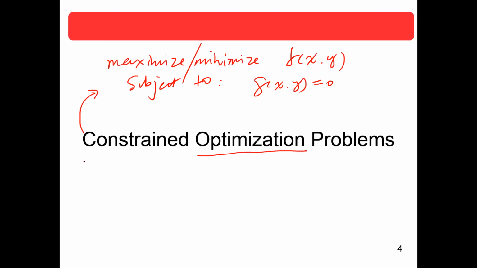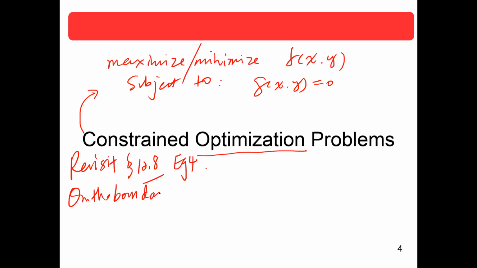Now let's revisit the one that we just looked at, section 12.8, the last example. Remember on the boundary, we spent a lot of time on that part.